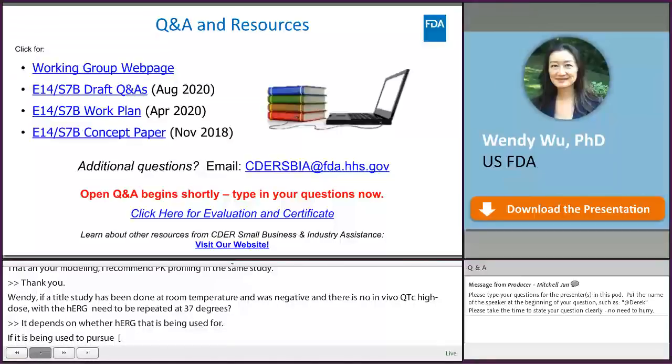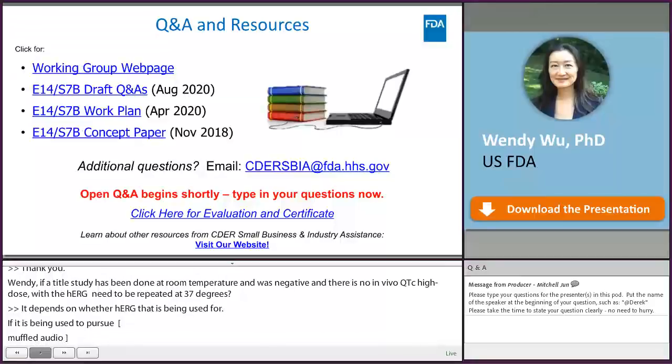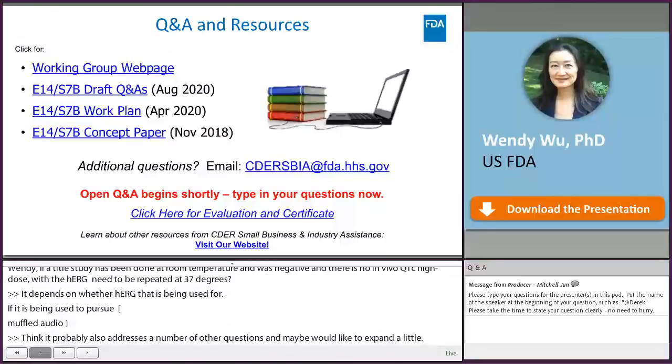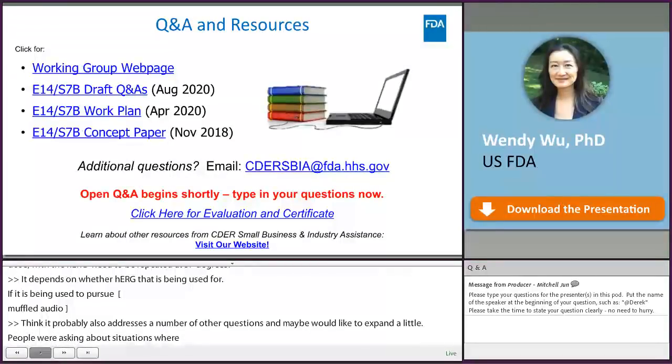Thanks, Wendy. I think that probably also addresses a number of other questions, and maybe you'd like to expand a little. People were asking about situations where they've already conducted their HERG assay, but they haven't gotten to the stage in development where they've been thinking about questions 5.1 and 6.1.